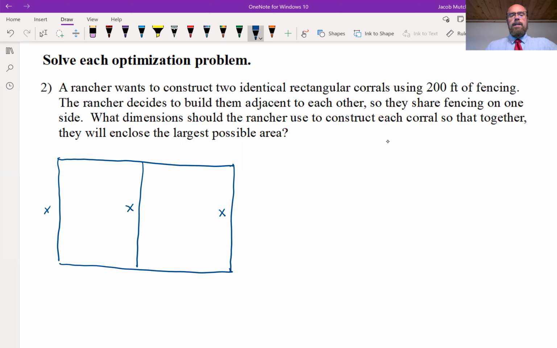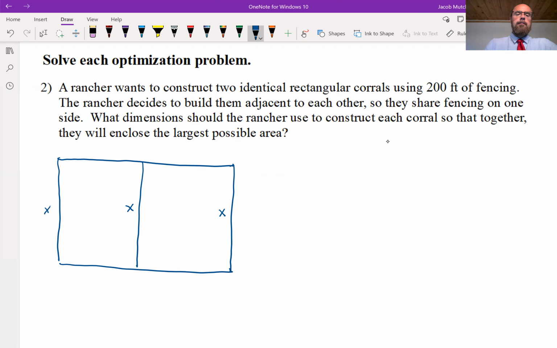Now, for the upper part and the lower part of the corral, the 2 horizontal pieces, I really need to define those in terms of X as well. What I'm looking at is that the total number of feet of fencing for all the sides, including that middle piece, is 200 feet.